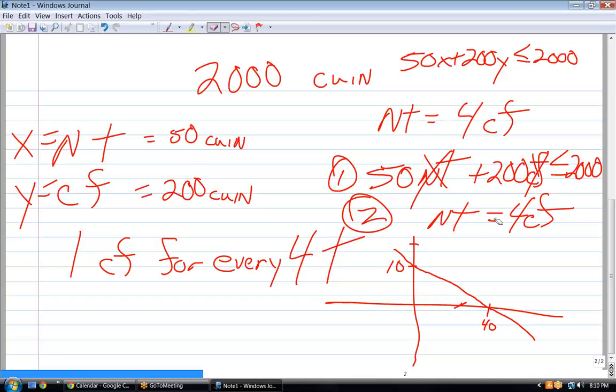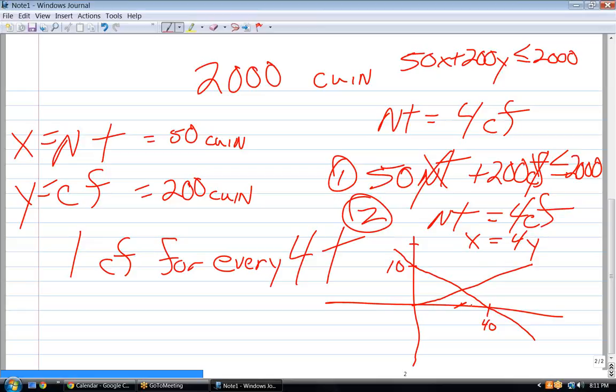Okay, and then if we graph x equals 4y, it means y is equal to 1/4 x, so that would have a flat slope like that, and we go through 0, 0.